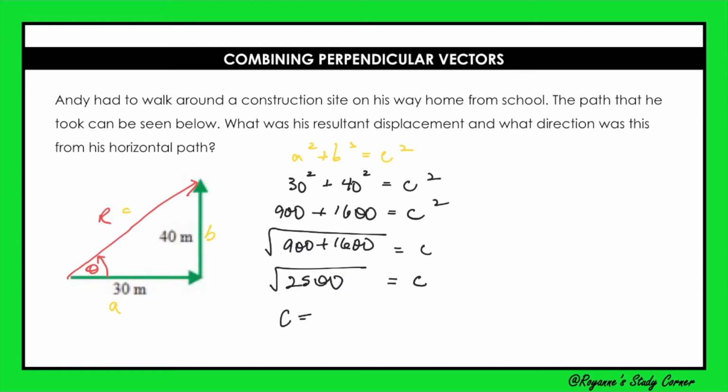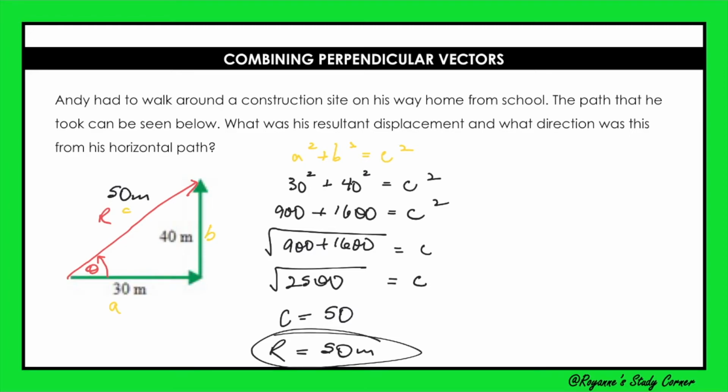That doesn't change the information here anyway. It's still just C is equal to the square root of 2500. And if we think about it, the square root of 2500 is 50. So therefore the length of the resultant is 50 meters. So that is his displacement.